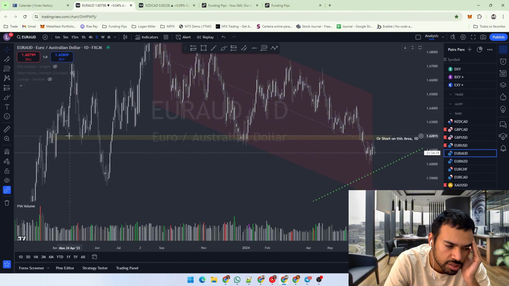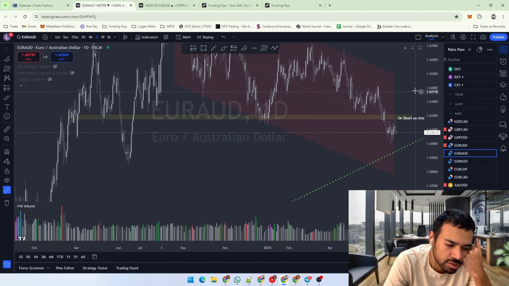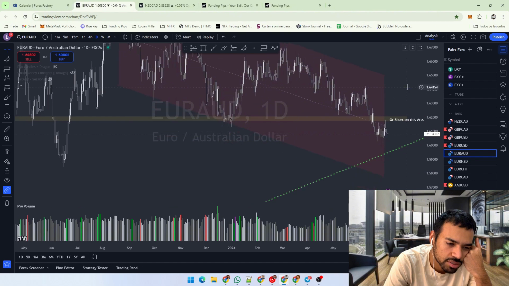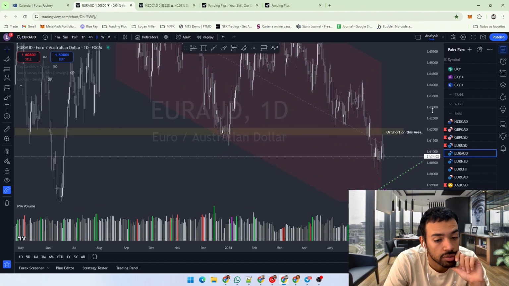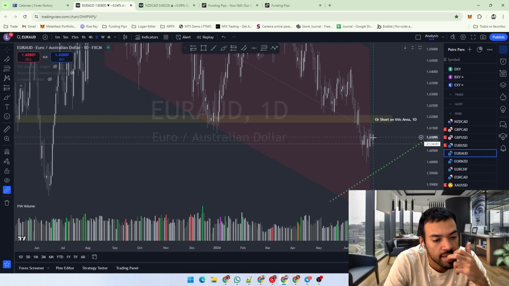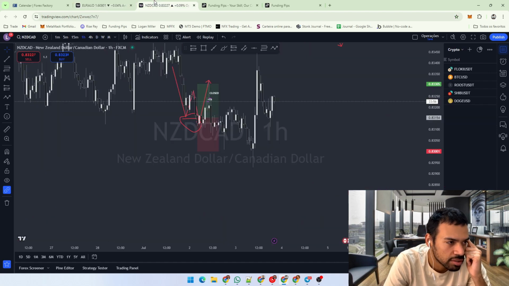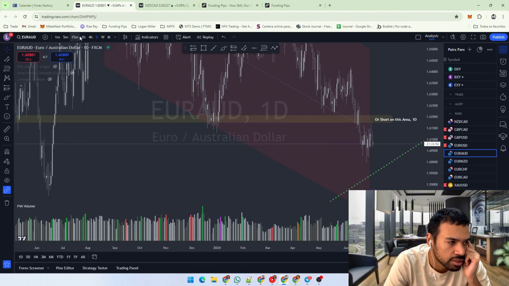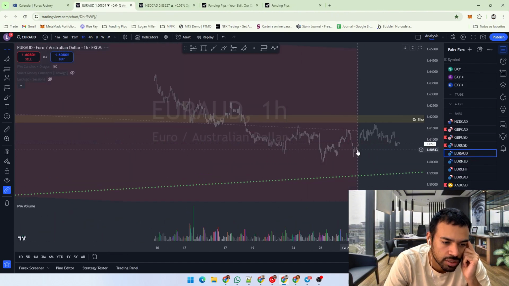So we have this area right here as a previous support, but now it's a resistance. So when the price back to this area and make our pattern in 1 hour, we will look for short on Euro AUD, okay? So in this case, it's already happened in July too. Let me see, Euro AUD, July.